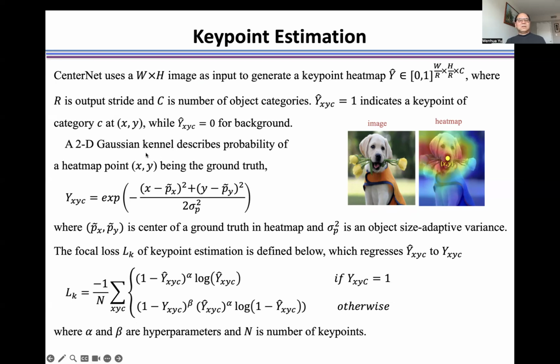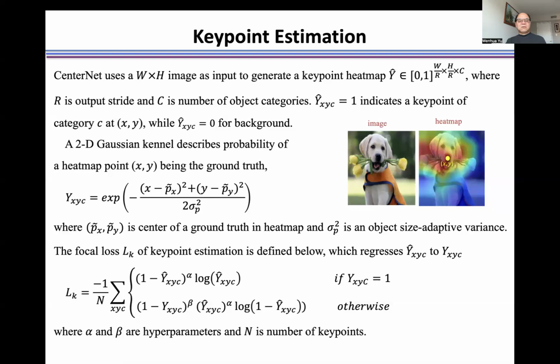A 2D Gaussian kernel describes the probability of a heat map point XY being the ground truth, as defined here, where P tilde is the center of a ground truth in the heat map, and sigma squared is the object size adaptive variance.